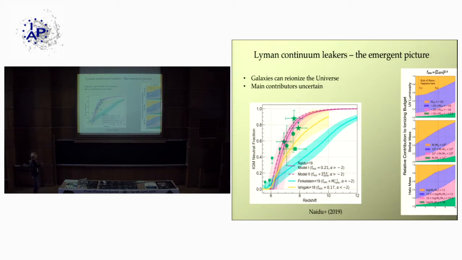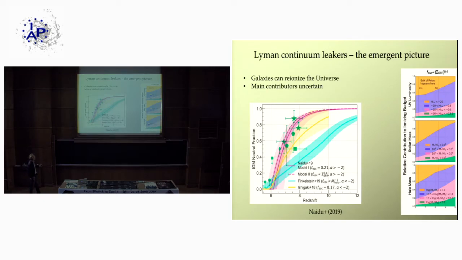And if you put all these things together, the evolution of the ionizing photon production with redshift, some empirical model of galaxy formation, and some assumptions on the escape fraction, then you can come up now and in recent years with models which can successfully explain the evolution of the IGM neutral fraction with redshift.